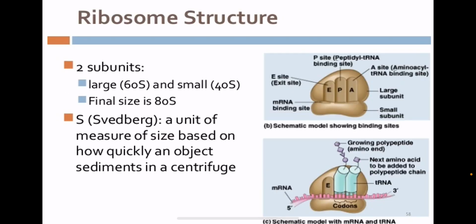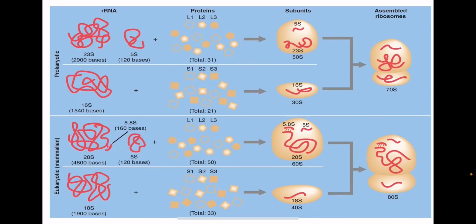Okay, there's the structure of the ribosome. There are two subunits of a ribosome. In prokaryotes, the whole structure is called a 70S, and in eukaryotes, the whole structure is an 80S. But the individual subunits do not add up to 80 or 70, so don't be confused about this.